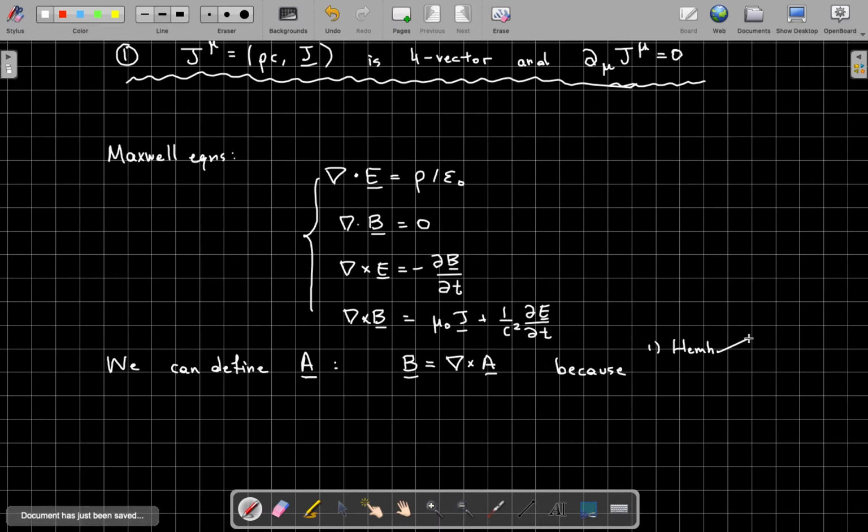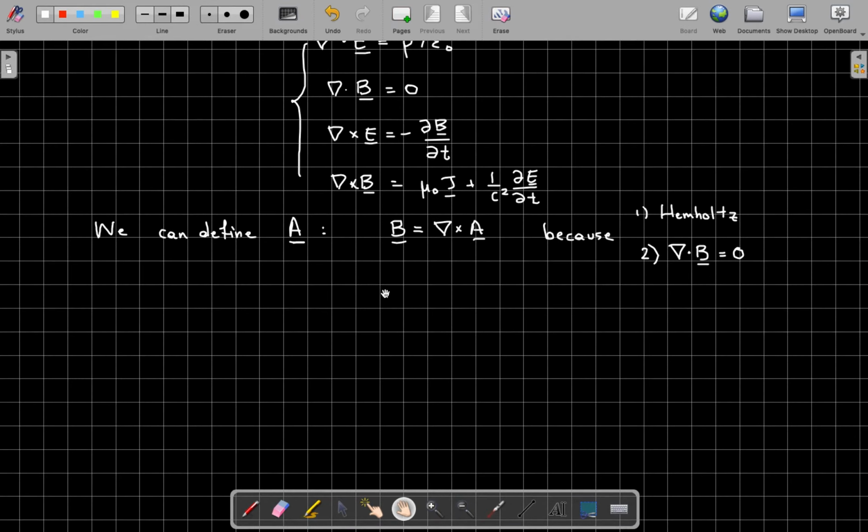The Helmholtz theorem tells you that you can write any vector field as a sum of a gradient and a curl. Okay, but why don't we have the gradient here? Well, because we need the magnetic field to be divergenceless, and so this tells us that we can always find the vector potential such that its curl is equal to B. Indeed, if you take the divergence of the curl, you always get 0. Okay, so this is how we define the vector potential.